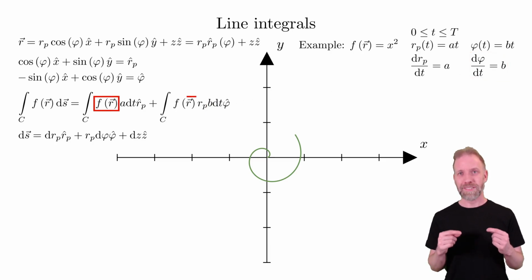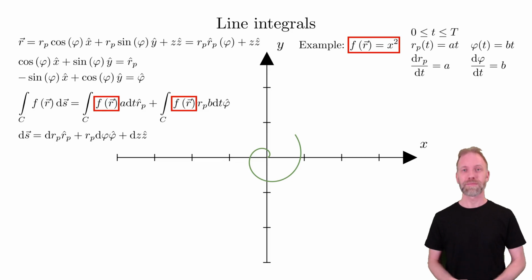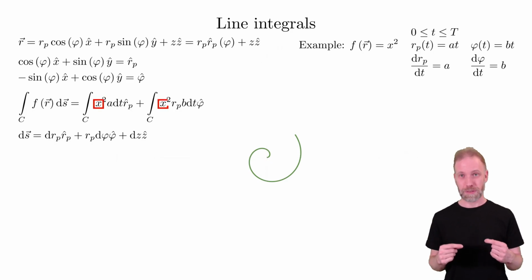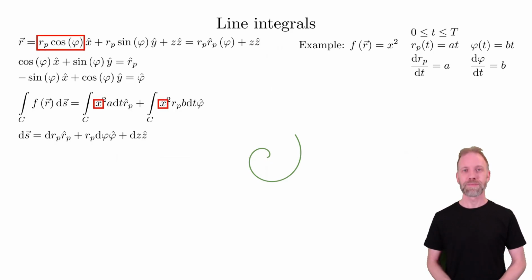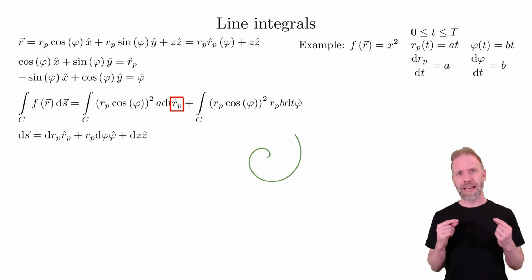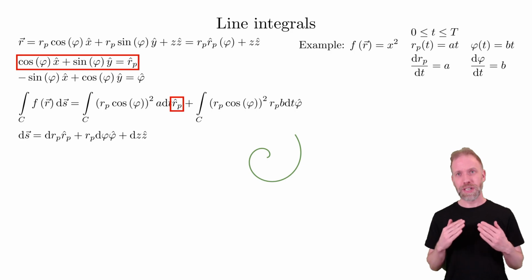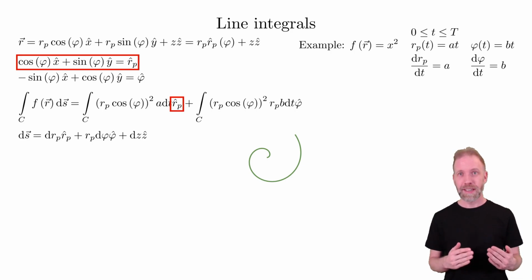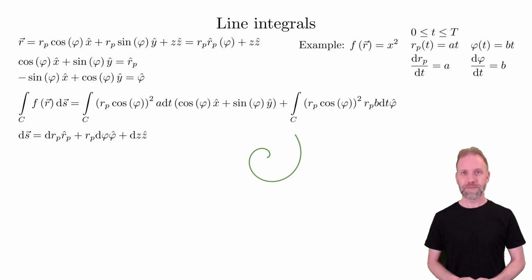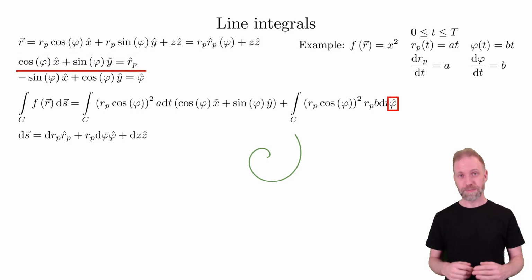Then insert that the function is x squared, and rewrite x in terms of polar coordinates. As rp hat varies with phi, we need to rewrite it in terms of x hat and y hat to include the phi dependence. Same with phi hat.